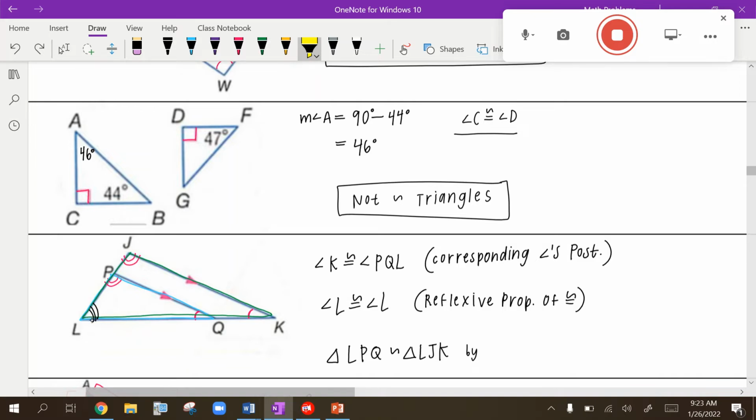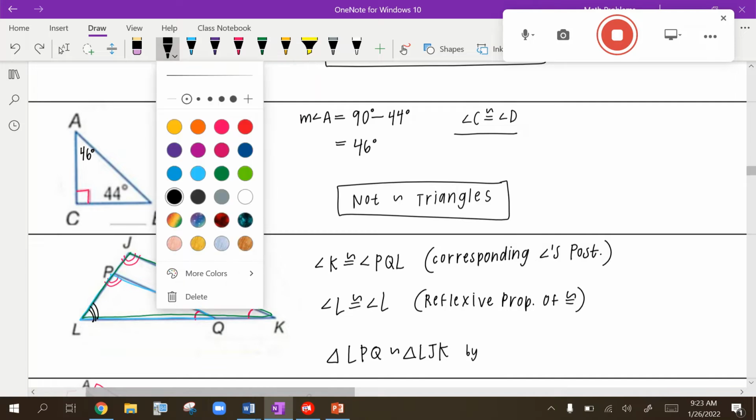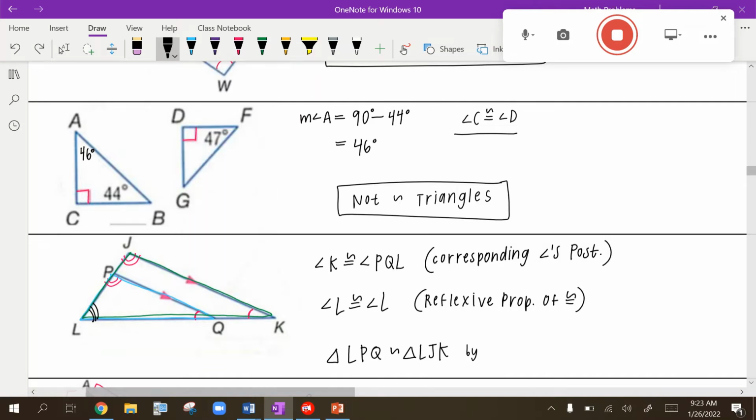Angle L has to be congruent to itself by the reflexive property. So either way you do it, you'll be able to get two pairs of congruent angles that are corresponding. So I'll have 1, 2 that I listed here. So I know that these are similar by angle-angle similarity. Again, not enough information to find the similarity ratio.